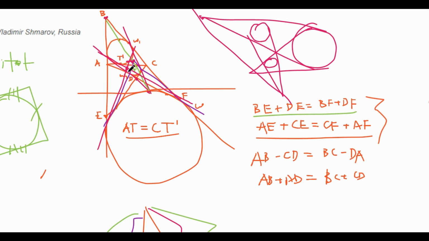But the thing is, they already both intersect at the top point of omega, so that means the intersection of the external tangents of omega 1 and omega 2 must actually just be the top point of omega. Therefore, they actually intersect on omega at the top point. So we are finally done.